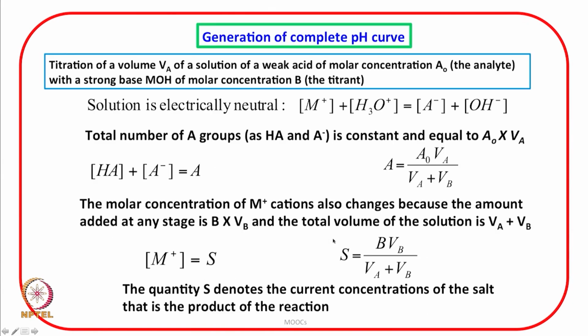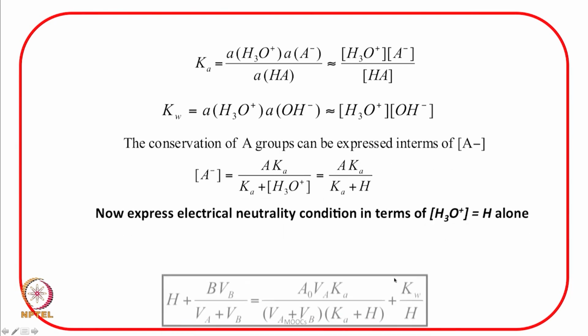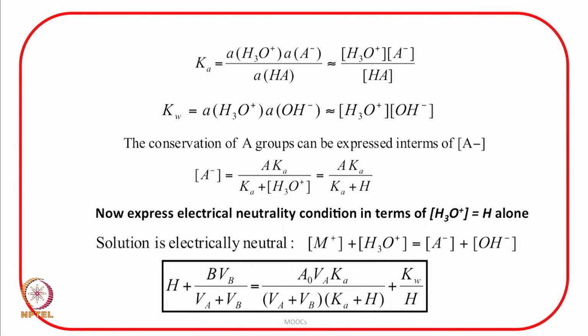Let me just go back and show you. M plus is equal to S, and S also in terms of Vb and Va can be written. Once we combine all these concentrations for M plus, A minus and OH minus, and H3O plus I write as H, I get this kind of equation.